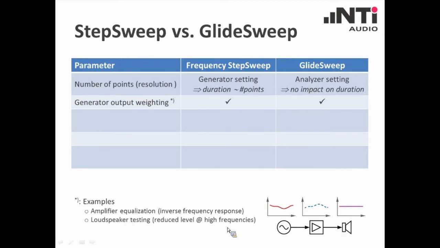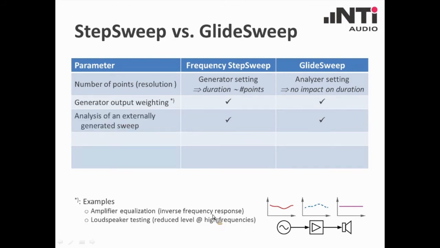Another example of a generator output weighting would be a loudspeaker test where we reduce the driving level at high frequencies. This is usually done in manufacturing halls because you want to save the hearing of your staff, because high frequencies can be tested at lower level compared to the low frequencies.